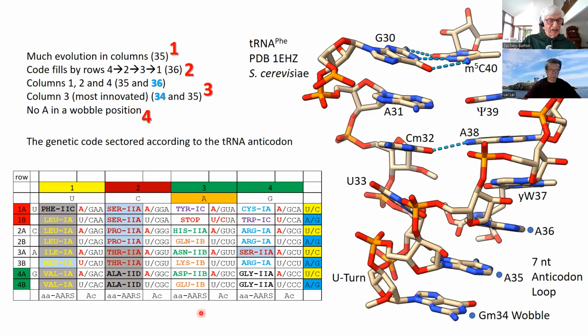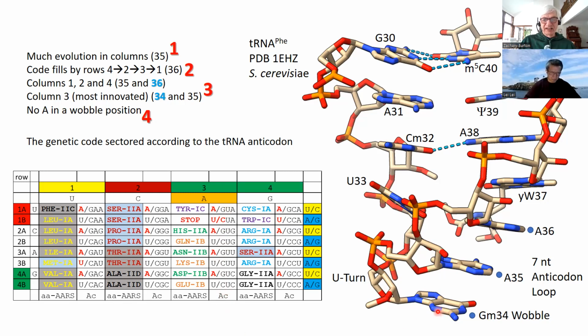So I hope I'm getting across the idea that these three bases relate to this table in a complex way. It takes a little getting used to fully feel comfortable with this. But the genetic code evolved around the anticodon. That's the tRNA anticodon.